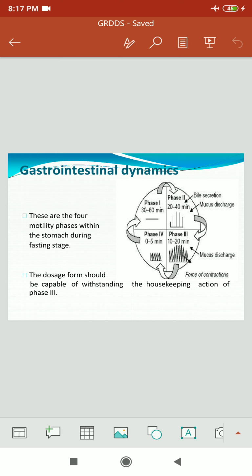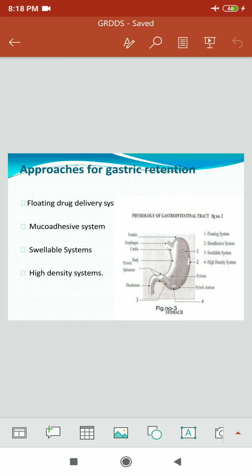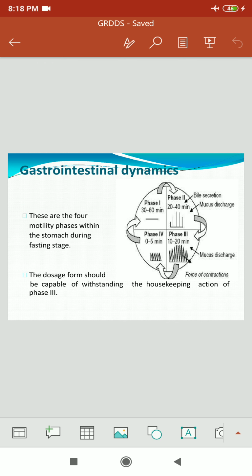Phase 3 is the housekeeping action, and the dosage form should withstand it. It means when the dosage form comes in phase 3, it withstands this phase and stays stable in it.